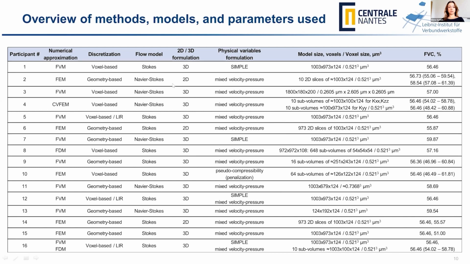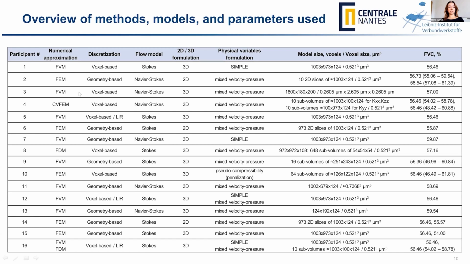Then you can see that Stokes and Navier-Stokes flow models were used, but I should mention that, of course, Stokes is more than sufficient for this kind of problem, because we are in the regime of creeping flow.